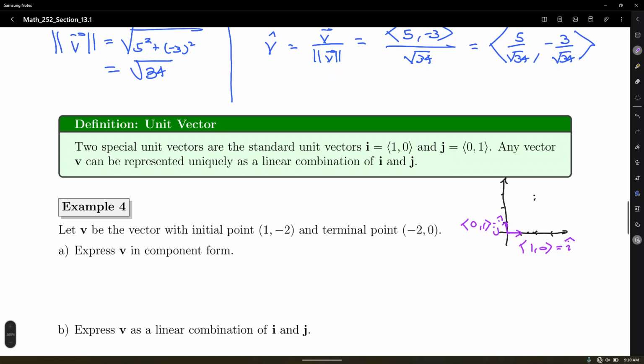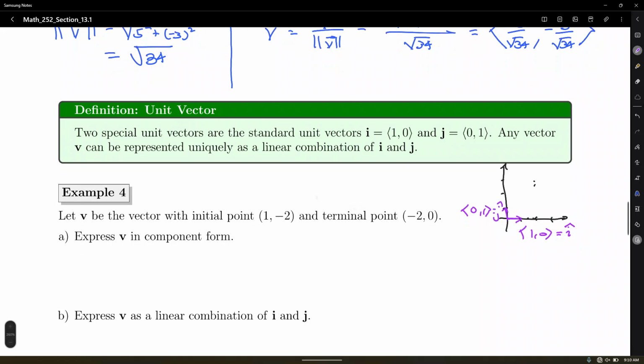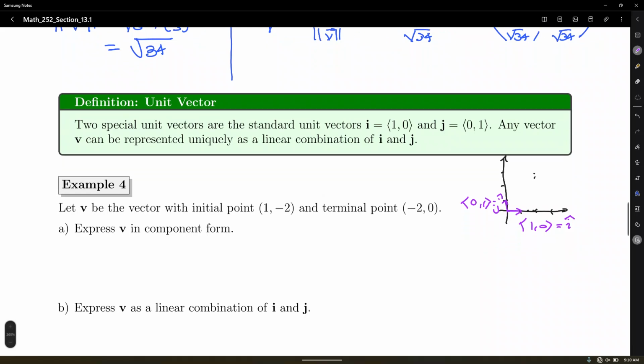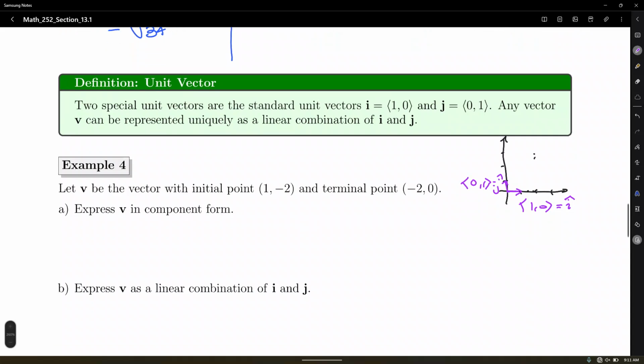In order to look at the equivalences between a vector in one universe and the other universe, there has to be an operation to go from one world to the other and vice versa. That's called the transition matrix. We're not going to get into those transition matrices in this class. That's for linear algebra. What I want to say is that the easiest and simplest standard vectors are 1, 0 and 0, 1.